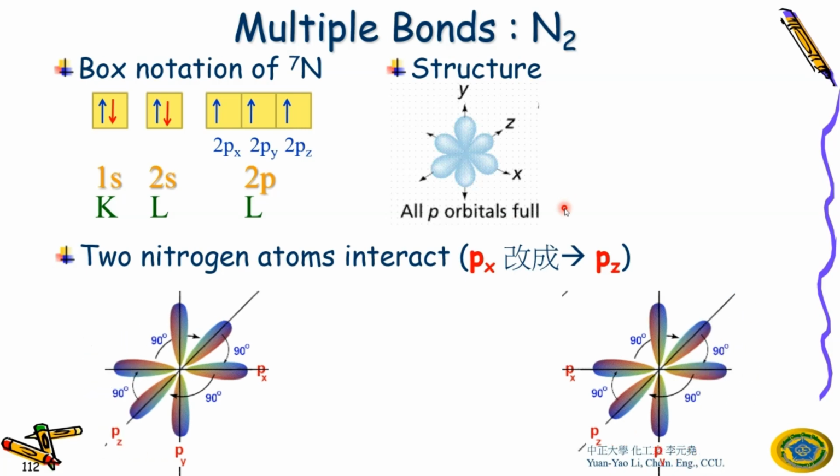When you put these two together, I want you to change this px to py, pz to px. You change this symbol here, because pz will be in this direction. You don't need to know why now, just make it like this.